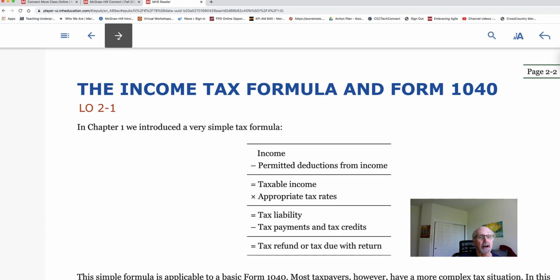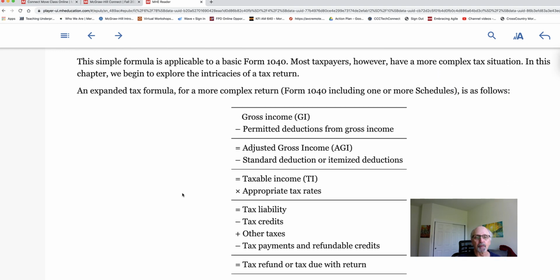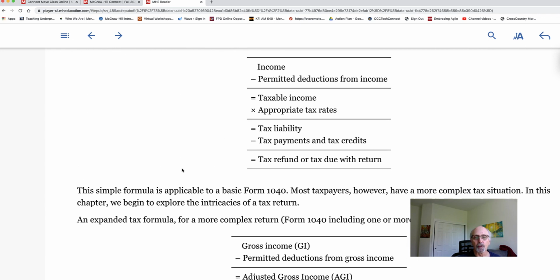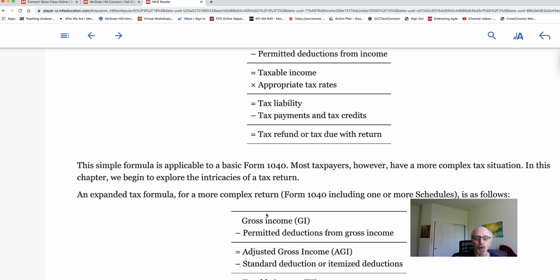So, for learning objective number 1, this was the formula that we looked at in Chapter 1. However, this is the formula we're going into. So you'll notice, before it was just income minus permitted deductions from income equals taxable income. Now we're taking gross income, subtracting some deductions that are permitted from the gross income, giving us what's called AGI, the adjusted gross income.